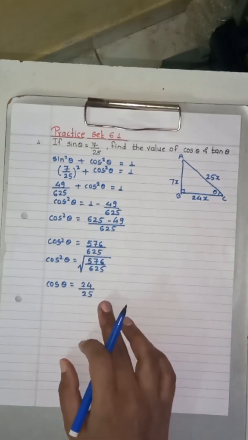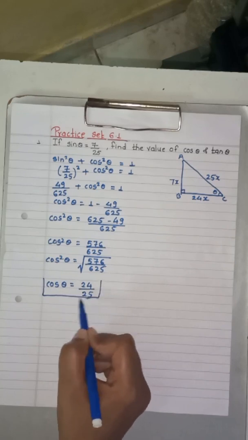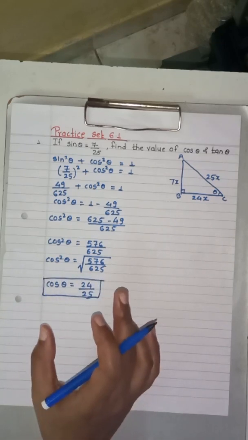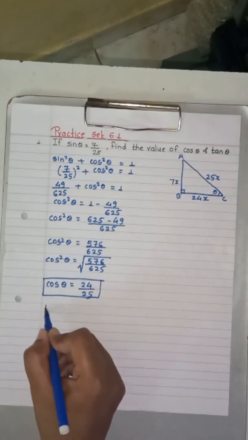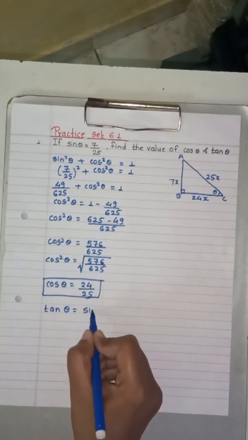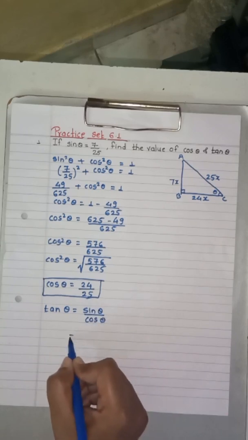Now you have to find the value of tan theta. Cos theta you have got. Now what is tan theta? Tan theta is sin theta upon cos theta. Now what is sin theta?